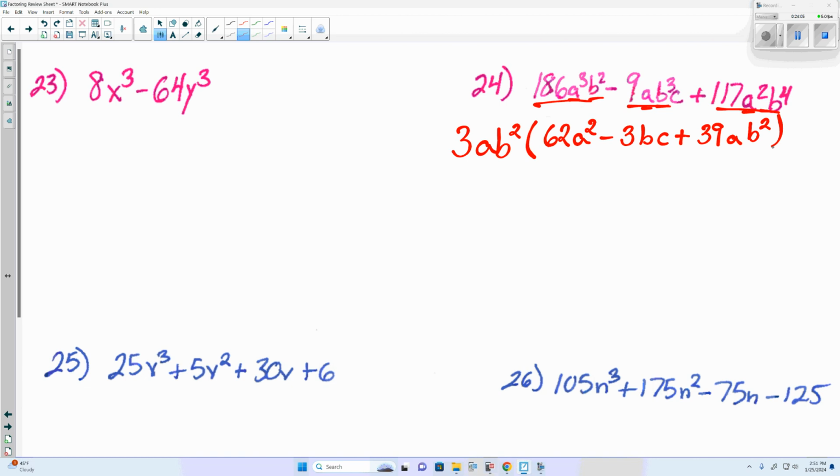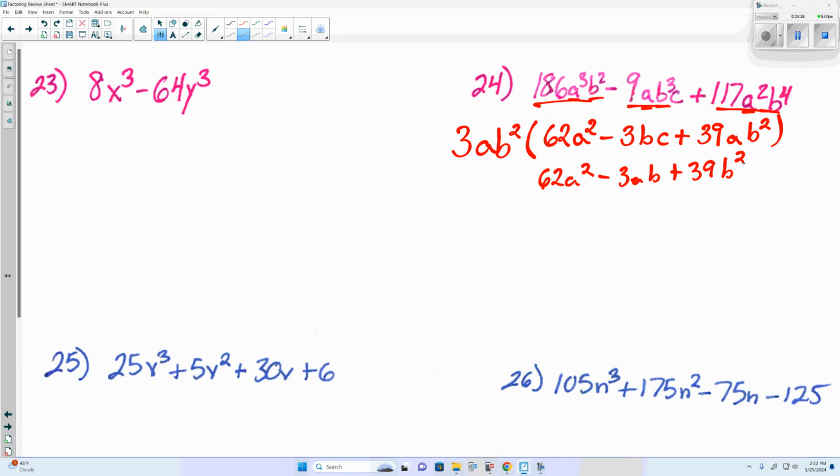Now, there's 2 main spots where this tells us it's not factoring. One is the c, because c only shows up in one spot, not in kind of a systematic way. That kind of tells us it doesn't factor anymore. Now, if it had simplified down to something like 62a squared minus 3ab plus 39b squared, there is a chance it could factor.